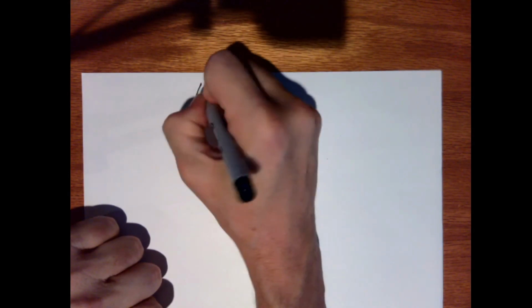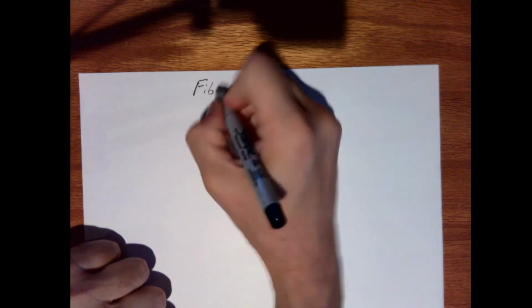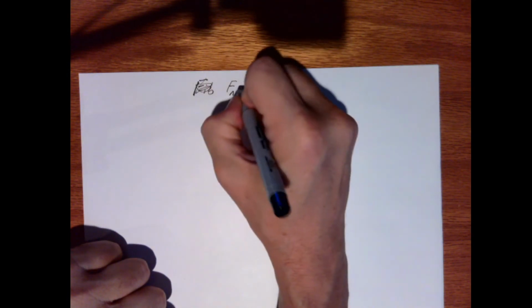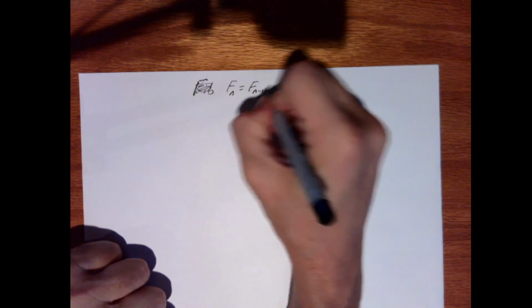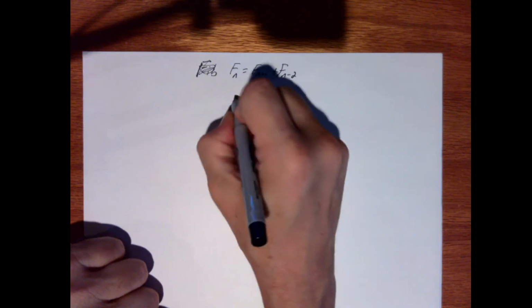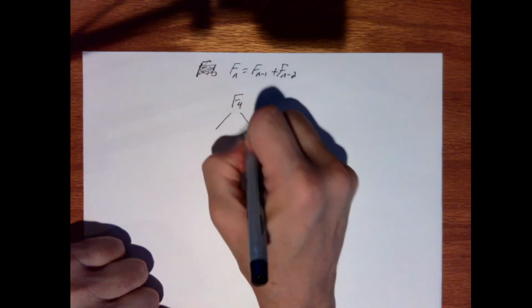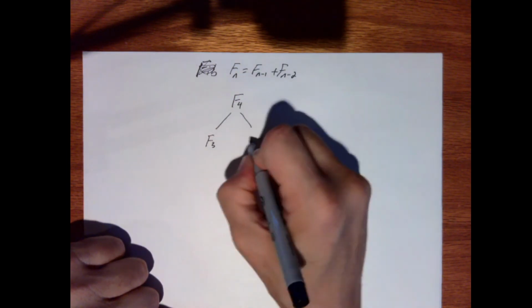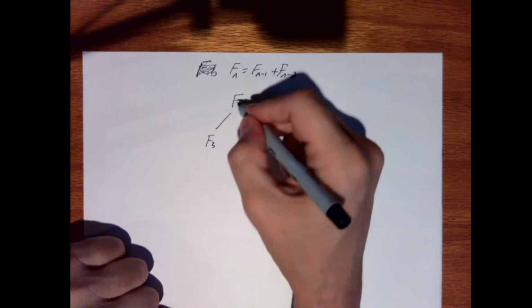So what happens when I say I want Fibonacci of 4? Well, remember our definition. Get a different pen. Fibonacci, or actually we normally write it this way, f of n is equal to f of n minus 1 plus f of n minus 2. So it means when I want f of 4, I need to produce f of 3 and f of 2 and add those together to get this.